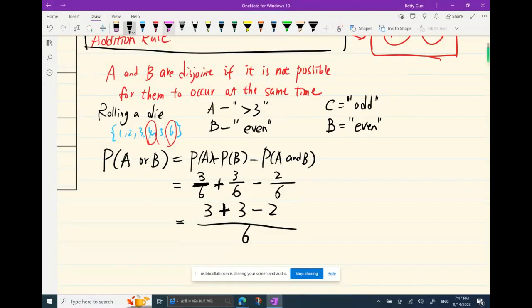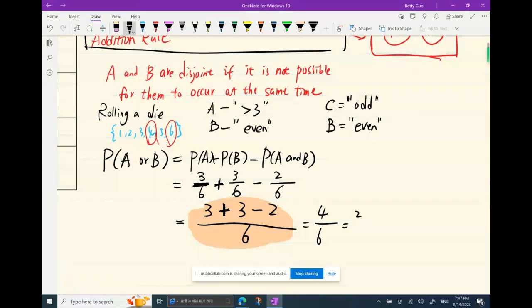My previous class students like this. They don't even have to operate on the fractions anymore. Then let's simplify. In the numerator, 3 plus 3 is 6, 6 minus 2 is 4.